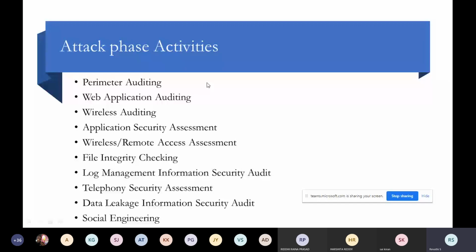When you are auditing the perimeter, you are not worried about the configuration of the firewall. You are worried only about whether the firewall is working according to its configuration. Say, for example, I configure that I should not allow any packet coming from the server 192.168.0.0 into my private network. The perimeter check will try to send some packets from 192.168.0.0.